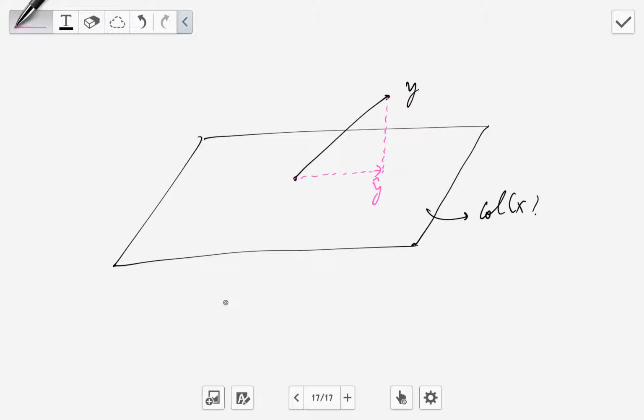And this y cap was given by XW. And what is this W given by? This W is given by X transpose X inverse X transpose y.